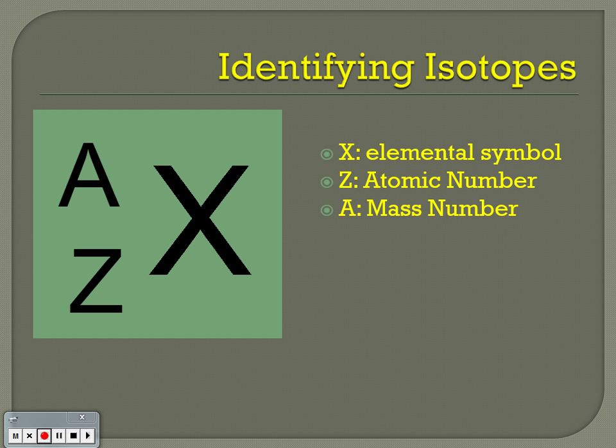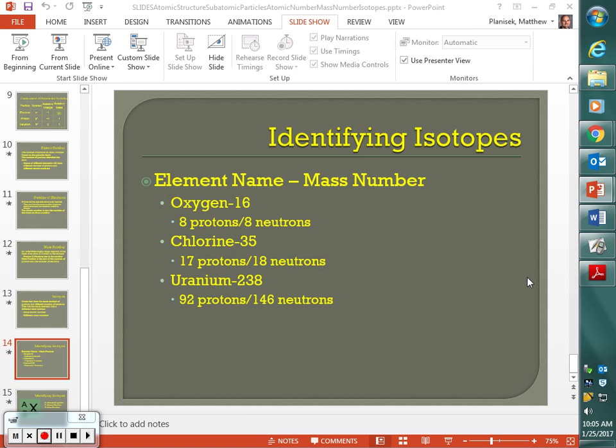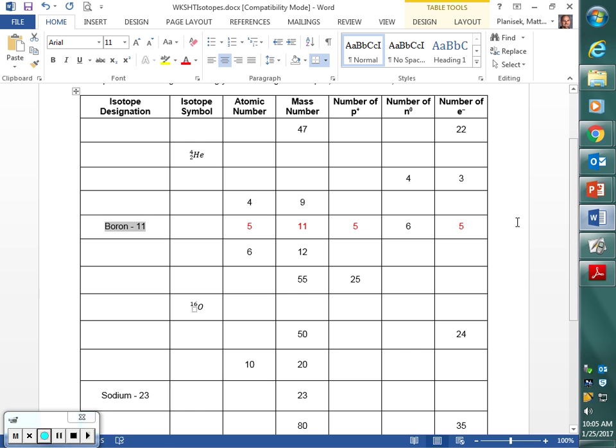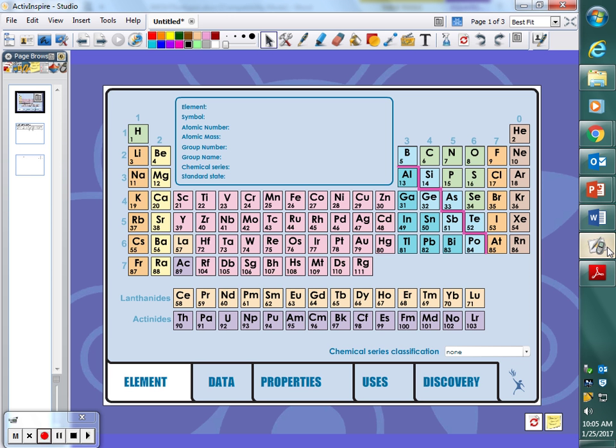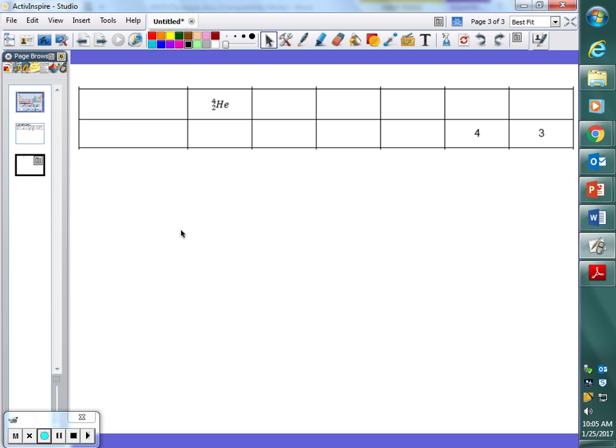So using this notation, if we go back to the worksheet, let's take a look at the second row. From this symbol, we can tell two things right off the bat. The bottom number in this symbol represents the what?